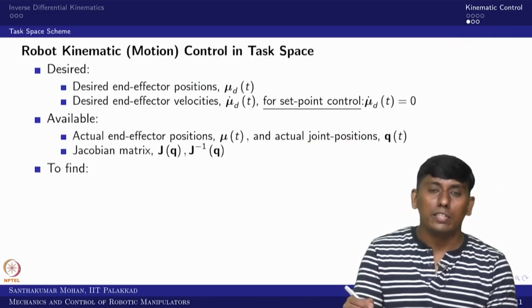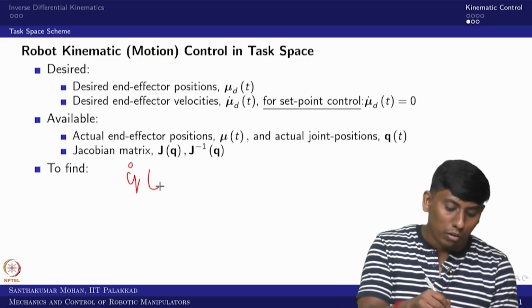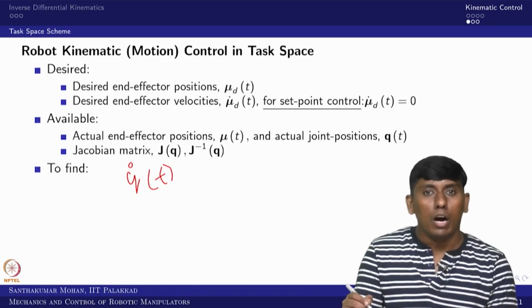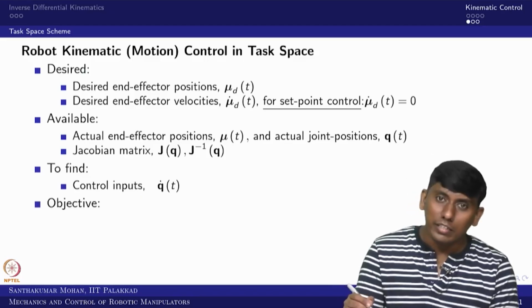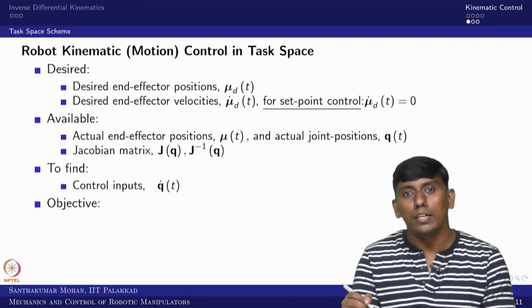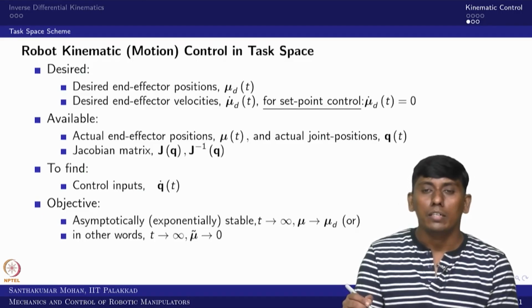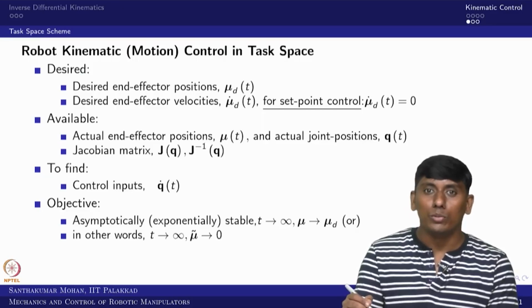Then what we need to find out, the same thing, is the Q dot of T. How can we find the Q dot of T? The same principle will be used. The objective here is that mu tilde tends to 0 when T tends to infinity, or the other way around, mu tends to mu desired when T tends to infinity.